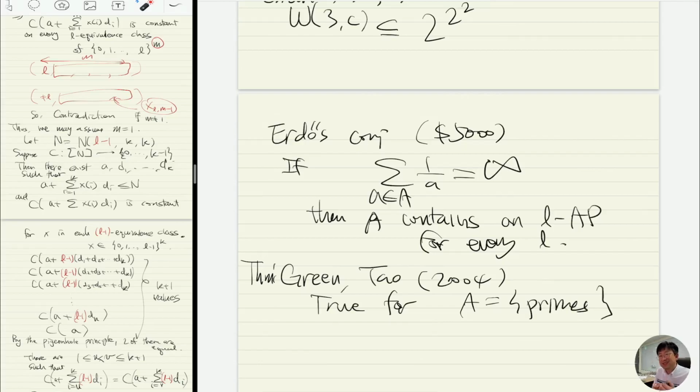It's well known that the sum of 1 over primes is infinite, and it was not known whether the primes contain L-term arithmetic progressions until 2004. So this is one case.